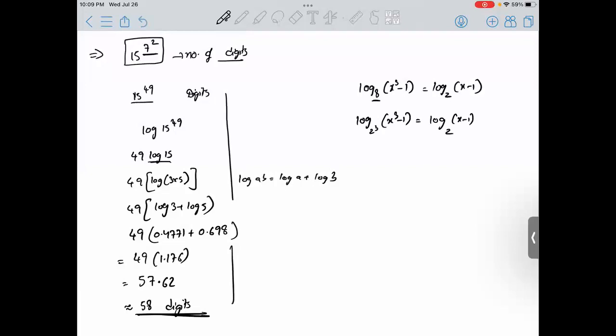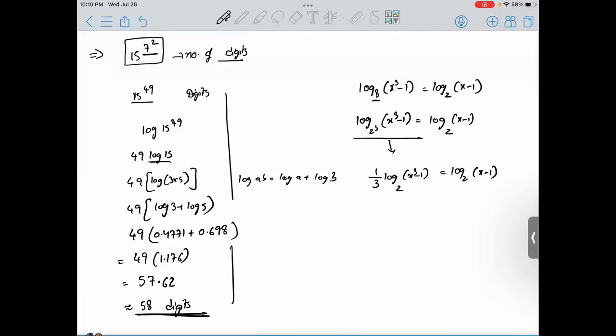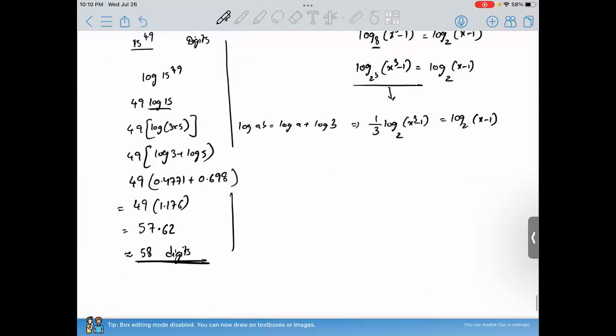This can be written as 1 by 3 log x cube minus 1 to the base 2 equal to log 2 of x minus 1. Agree? And then listen carefully.